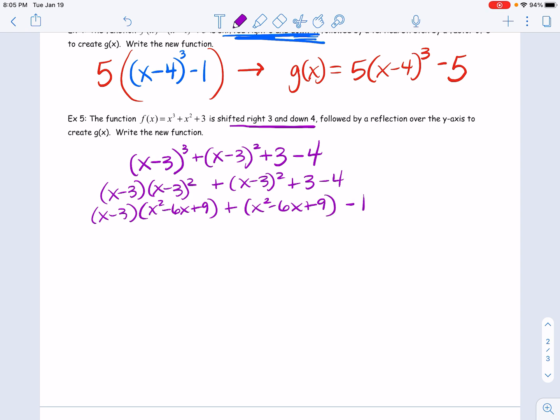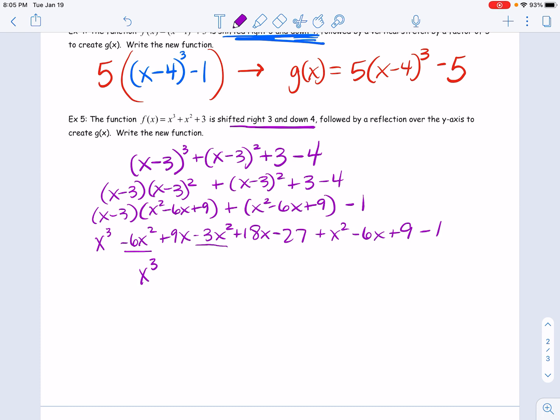Then I have to multiply these together. So this is going to be x cubed minus 6x squared plus 9x minus 3x squared plus 18x minus 27, and then plus my x squared minus 6x plus 9 minus 1. So combining all these terms together, I have x cubed. Then I have a minus 6x squared, a minus 3x squared, a positive x squared. So that's negative 8x squared.